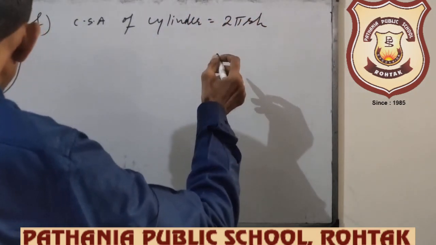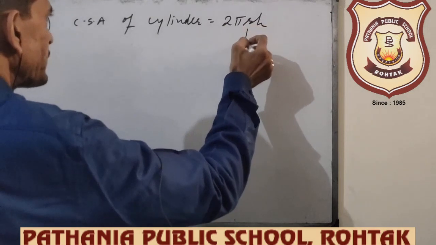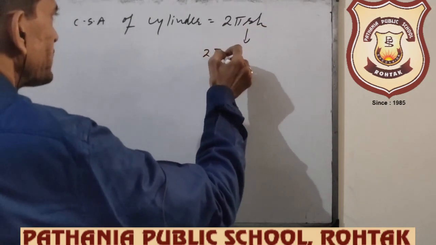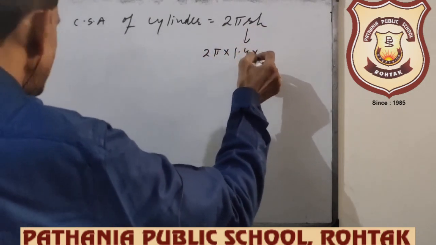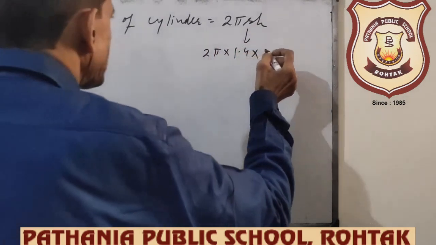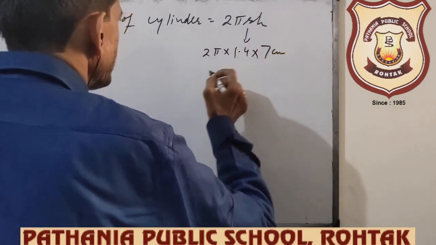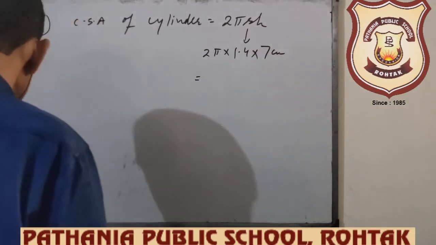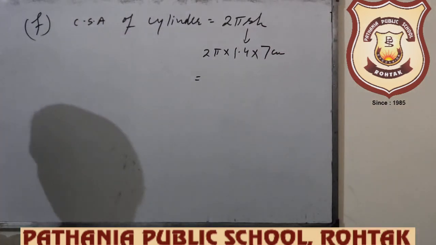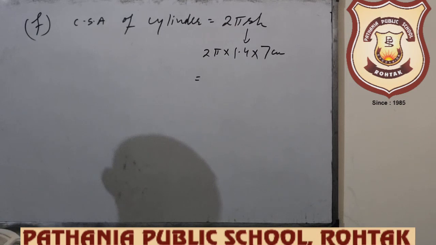Now r is what given, radius is 1.4. Put radius 1.4 and height is 7 centimeter and check whether it is 88 or not. Then write true or false. If it is equal to 88, then write true, otherwise false.